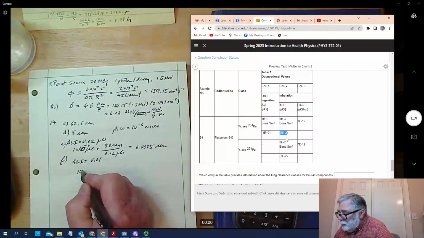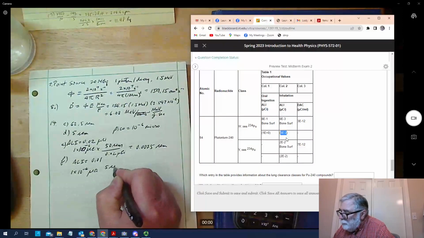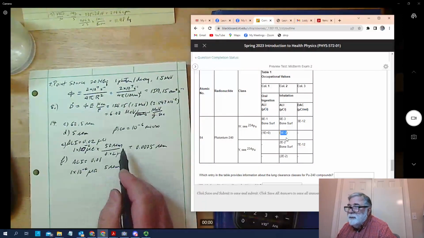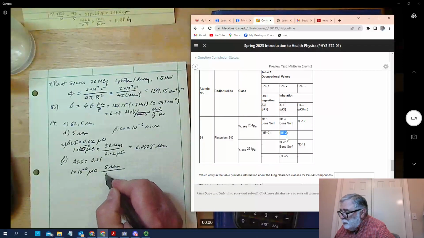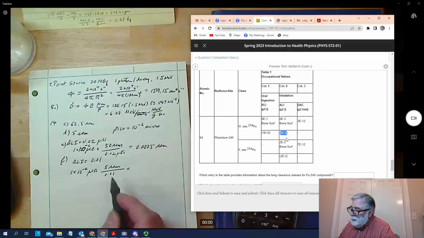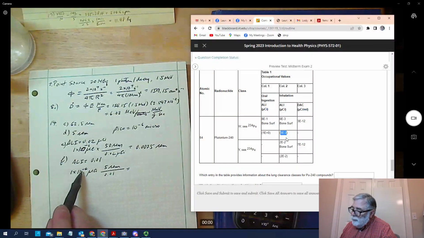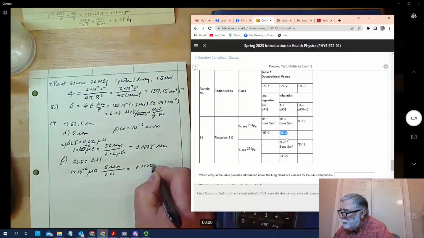So I have 1 times 10 to the minus 6 microcurie times 5 rem. It's the CEDE limit, not the organ dose. It's the whole body, and the ALI is 0.01. Well, this is going to be easy. So this is going to be 5, and this is going to be 10 to the minus 4, because 2 of the decimal points go down there. So 5 times 10 to the minus 4 rem.